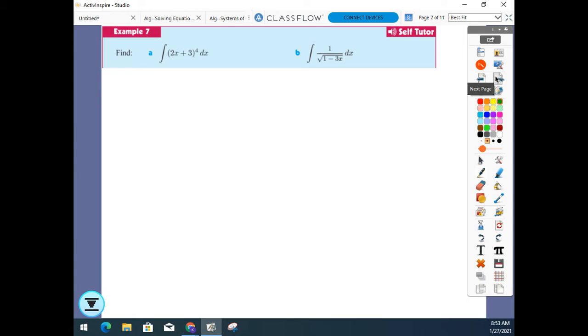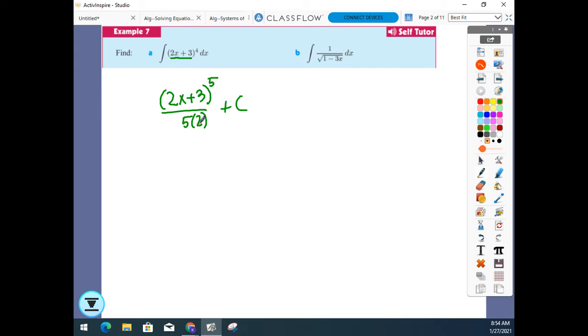So, for example, when I look inside, the derivative of the inside is a constant, 2. So I can just integrate, use your power rule, add 1, and divide. Then because the derivative of 2x plus 3 is 2, I have to divide that out. Don't forget your plus c.